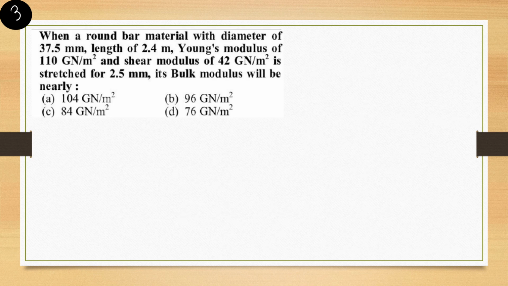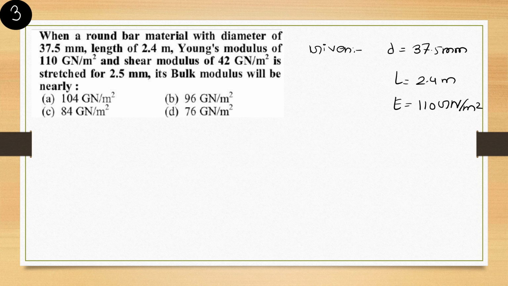Then question number three. When a round bar material with diameter of 37.5 mm. Here we write the given data. Diameter is 37.5 mm. Length is 2.4 meter. Young's modulus is 110 giga Newton per meter square.